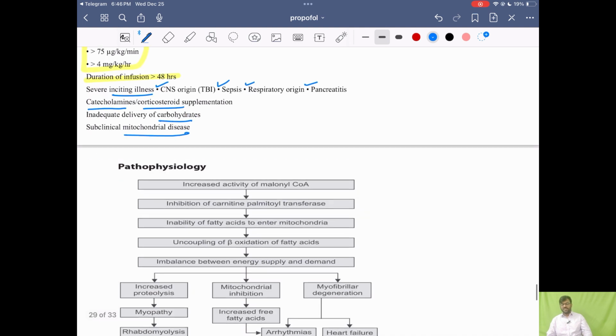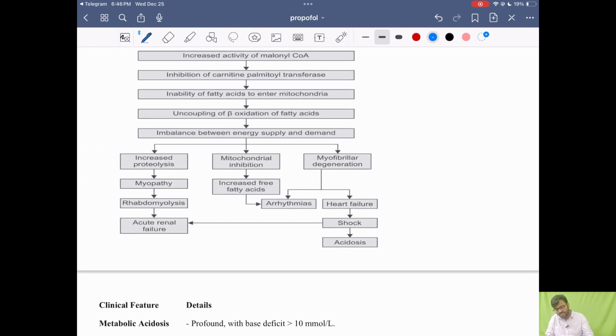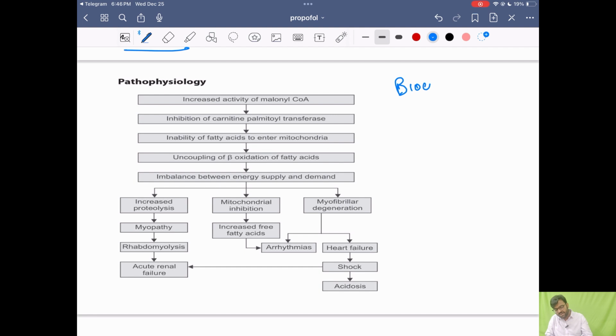What is the pathophysiology? See, this is more of biochemistry, but we'll try to understand. These are related to the cholesterol synthesis pathway and all. After you give propofol, there is increased activity of malonyl coenzyme A. It inhibits carnitine palmitoyl transferase, which further leads to inability of fatty acids to enter the mitochondria.